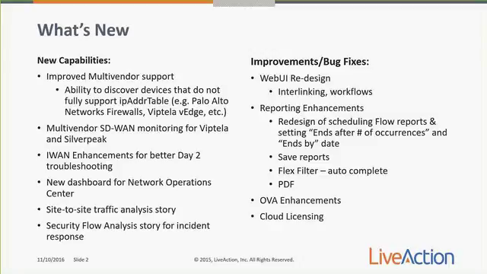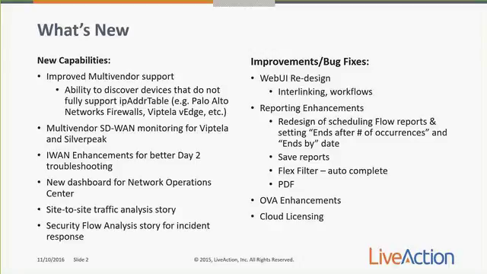We also do a lot for Cisco SD-WAN. And SD-WAN is a space that's exploding in the network industry right now. So we added in multi-vendor support for SD-WAN as well, for Viptela and Silver Peak. For Cisco IWAN, we definitely continued to march forward on improvements, and that's for better day two troubleshooting. We have a new dashboard for network operation centers, and we added in 2 stories or workflows to better help network engineers understand what's happening within their network.